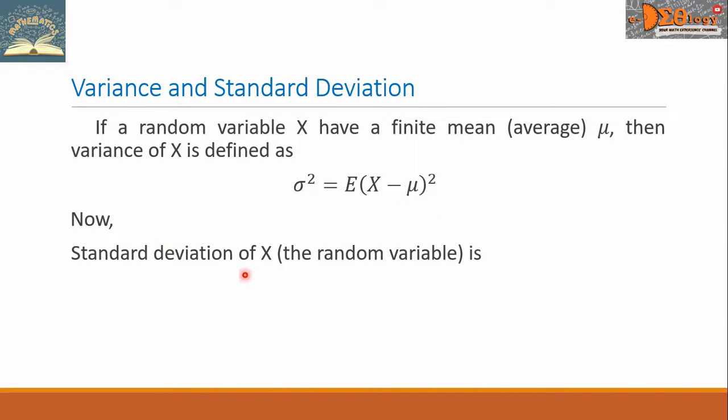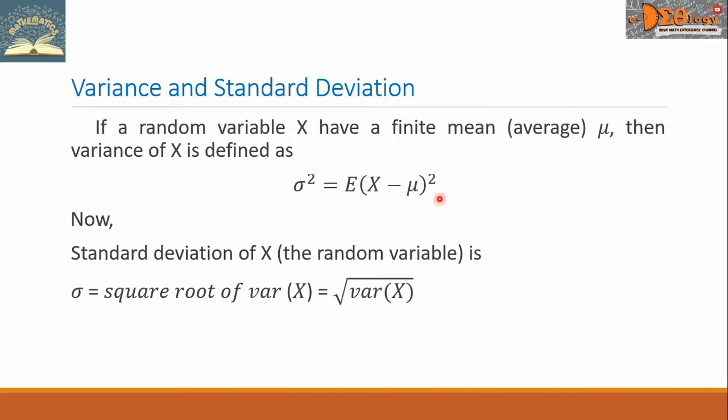Now the standard deviation of X, the random variable, is sigma, and this sigma is equal to the square root of the variance of X. In symbols, we show this as the square root of the variance of X.